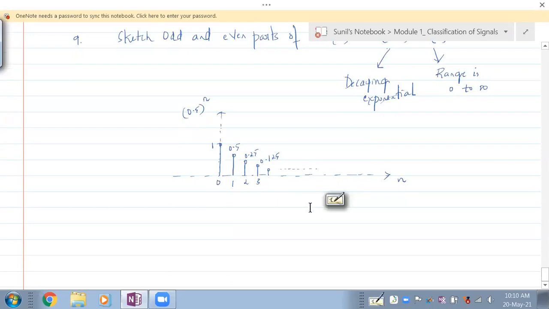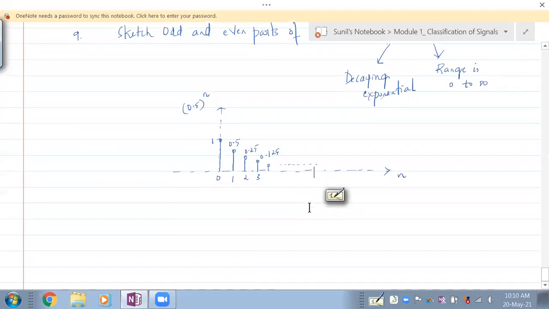Okay. Now I need to multiply this by 8. What I need to do? I need to multiply this signal by 8. So let's do that now. You can just drag it down a little bit more because I need to hit 8 there.